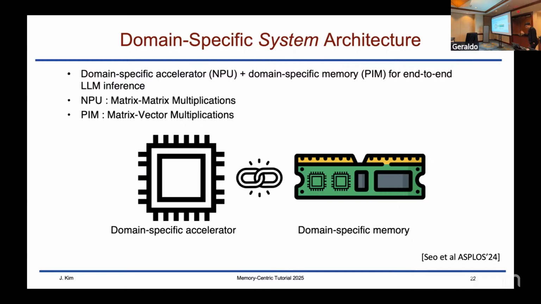You have the matrix operations, and then you have the matrix-vector operations. The matrix operations are well suited for NPU systolic array type architectures, whereas the matrix-vector operations are more suited for PIM architectures. So the question is, can we combine those two? I think that's a very simple approach that many have thought about, but what are the challenges in doing that?